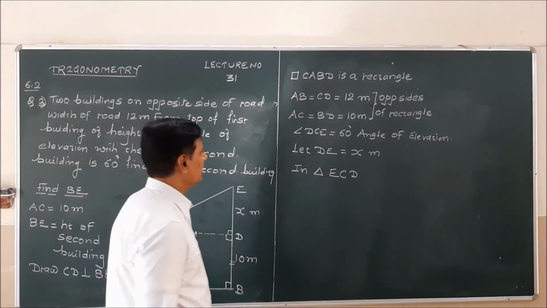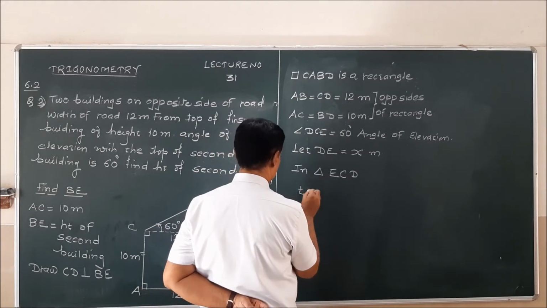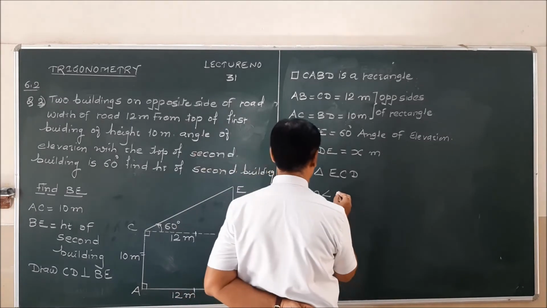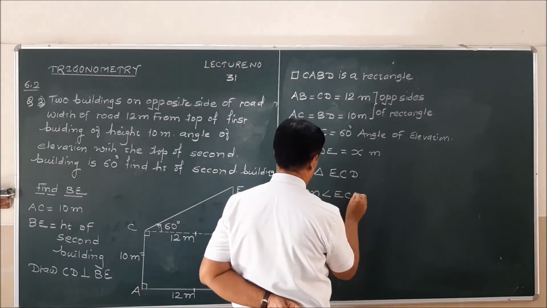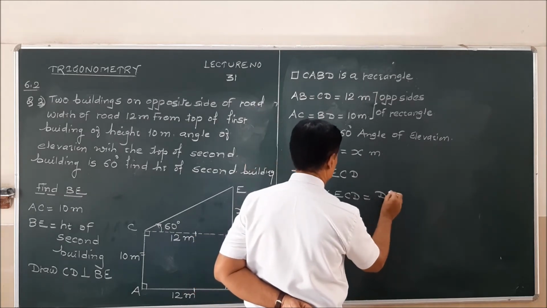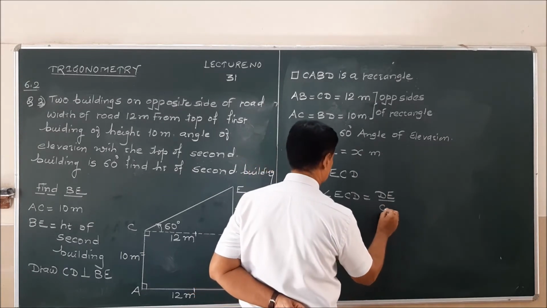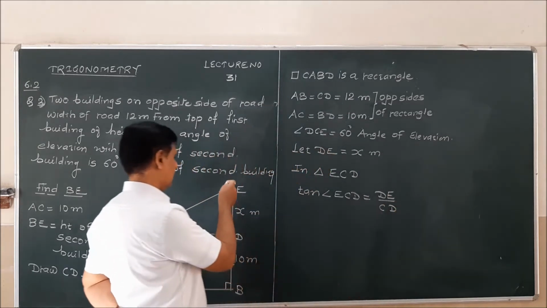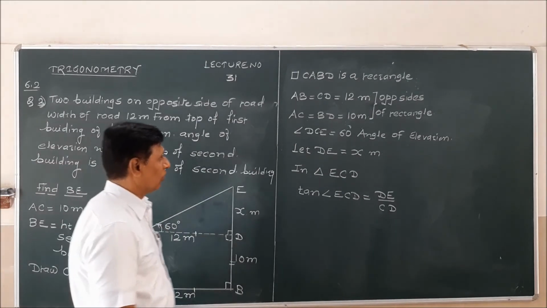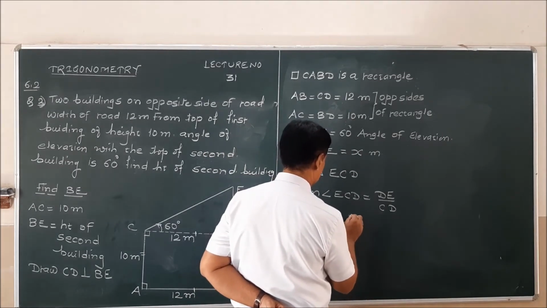So in triangle ECD, tan of angle ECD is equal to opposite side DE upon adjacent side CD. The angle ECD is 60 degree.